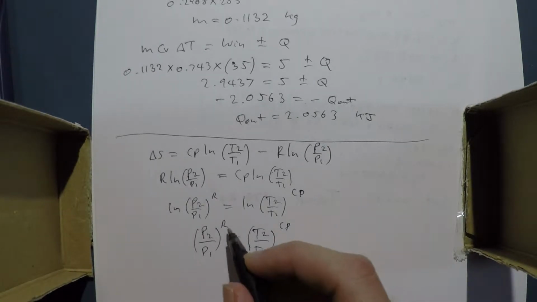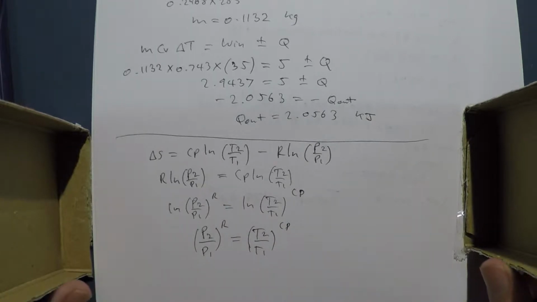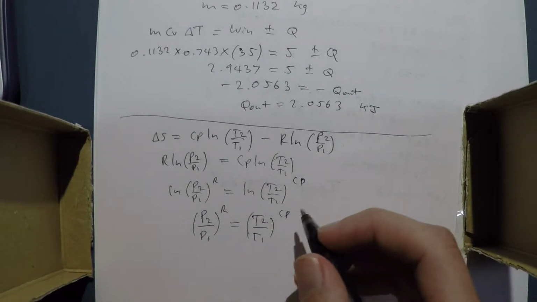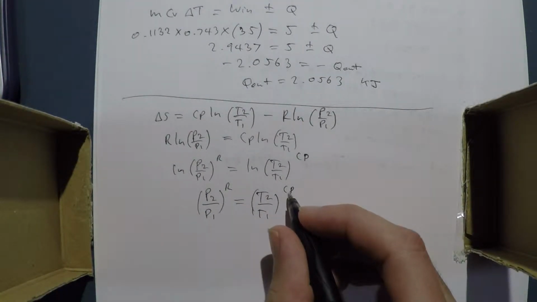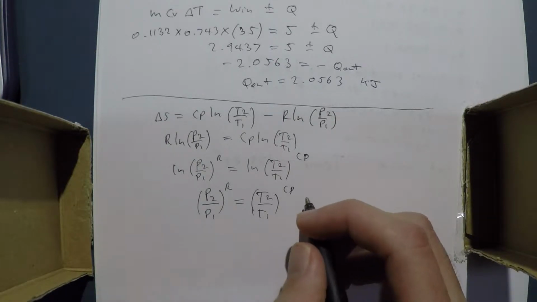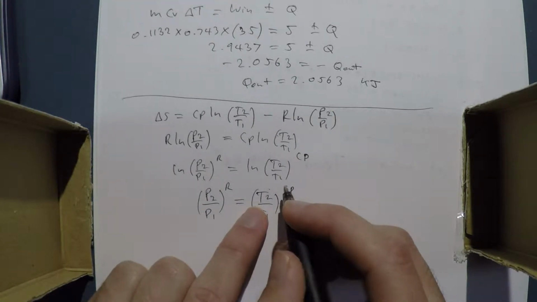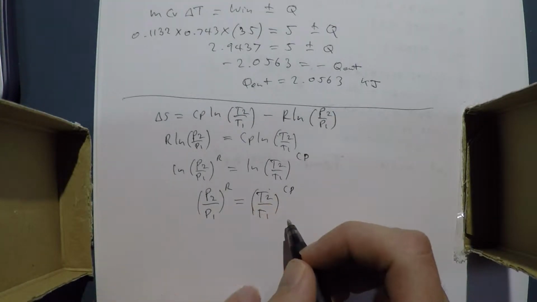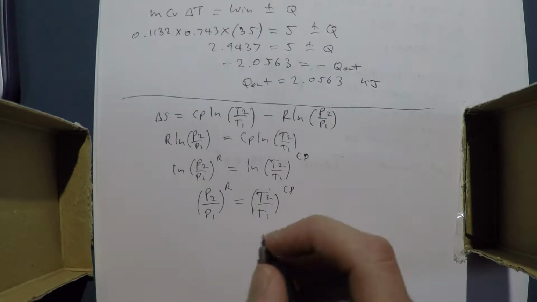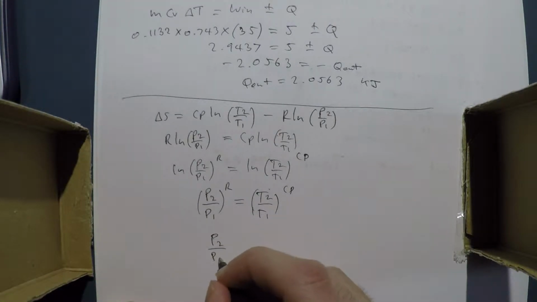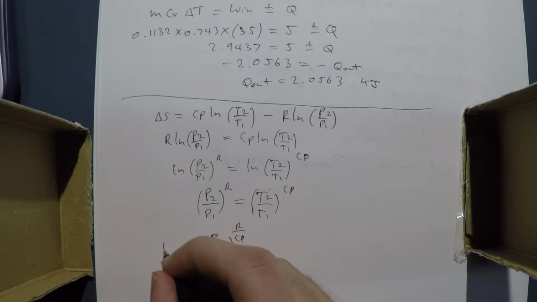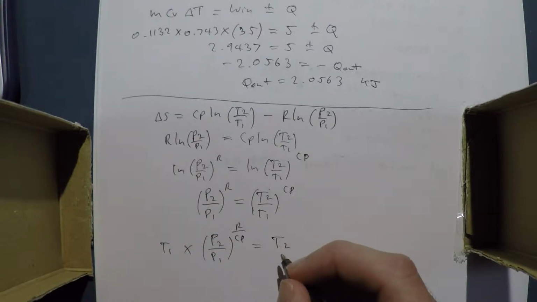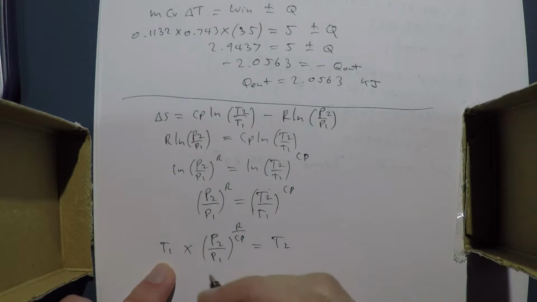But since we've got R and Cp up the top, I'm going to put both terms to the power of 1 on Cp, because we want to find the isentropic T2. So if I go P2 over P1 to the power of R over Cp, and multiply that by T1, I get T2.